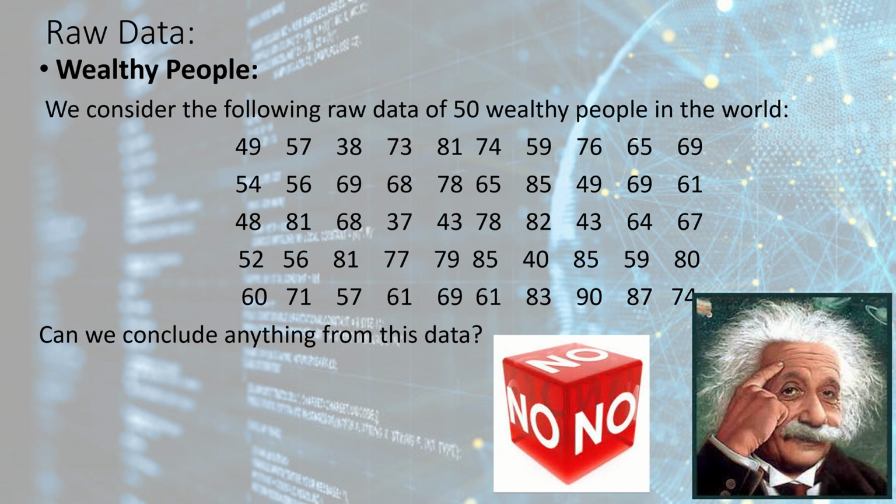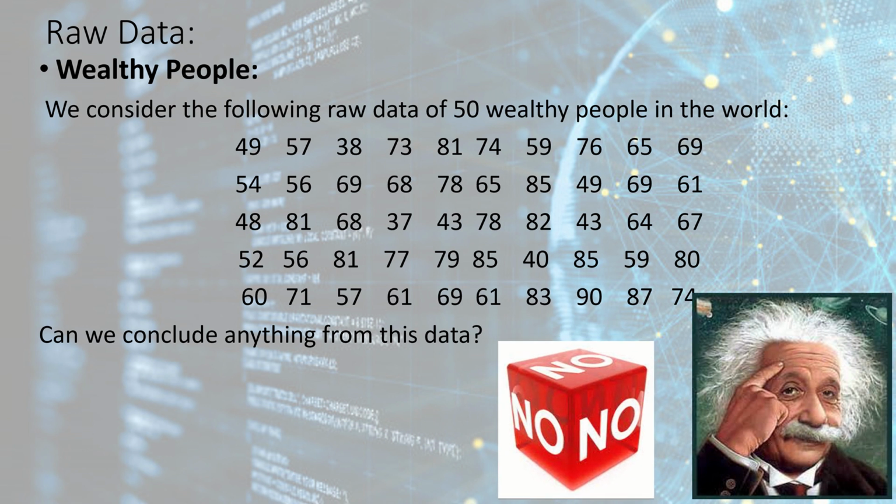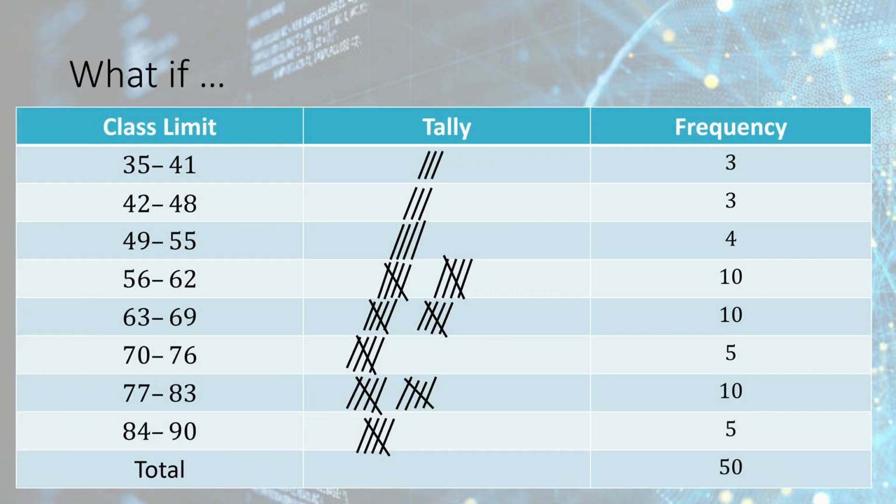The answer is no, because you would simply see numbers like 49, 57, 38. So what do these numbers represent? If you write this data in another form, that is what is called organization of data.